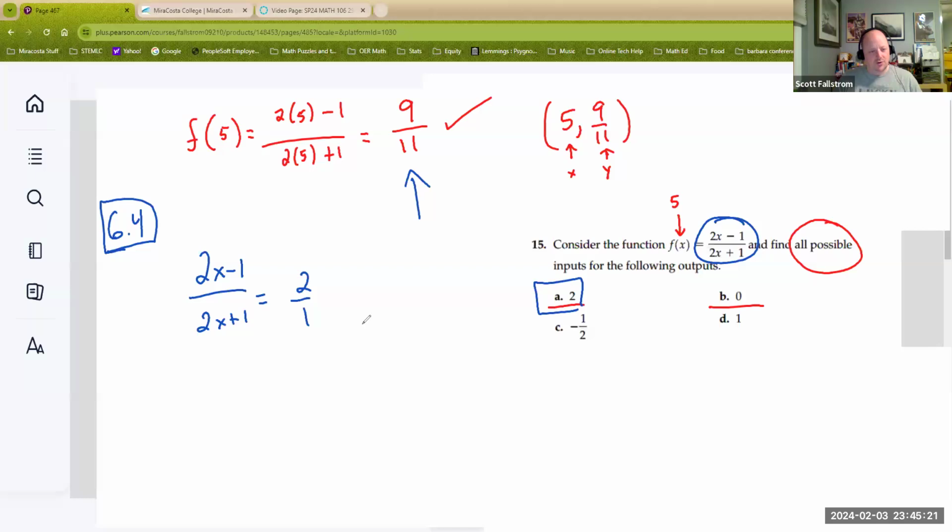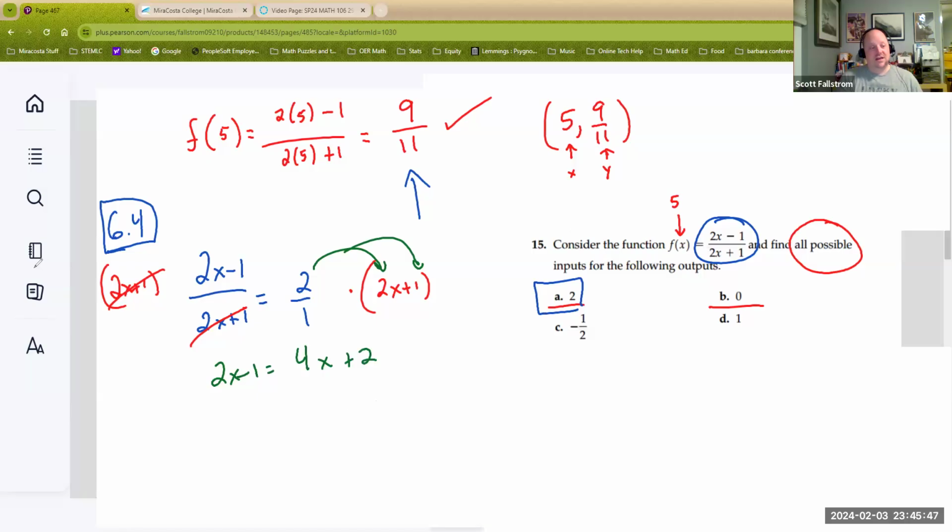So multiply both sides by 2x plus 1. And if you do multiply that quantity on both sides, they will eliminate because of FLOF, and you'll end up with 2x minus 1 equals, and then now just distribute, and you'd say 4x plus 2.